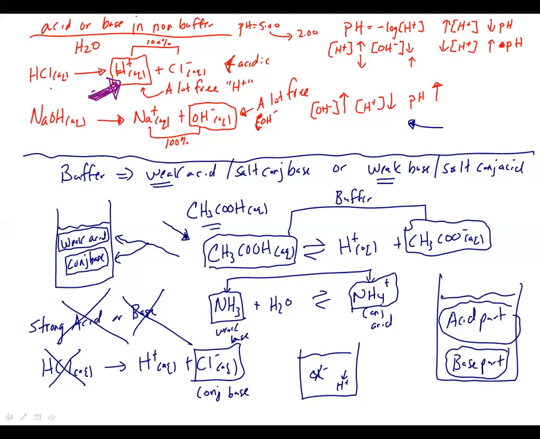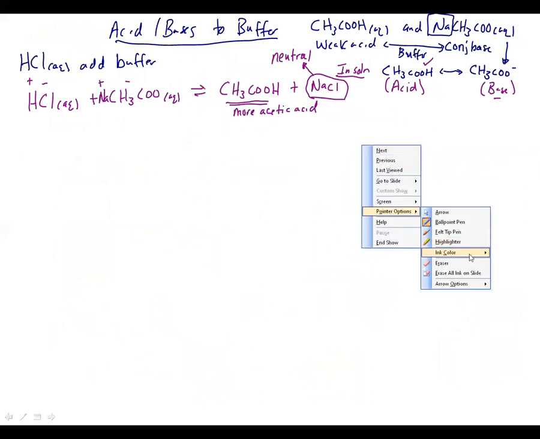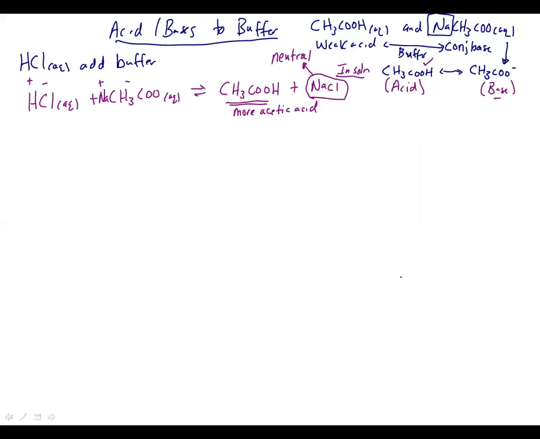Now, if we look at that HCl and what we're doing here, the important thing is that on the right-hand side, we actually do not see any free H plus that was formed.